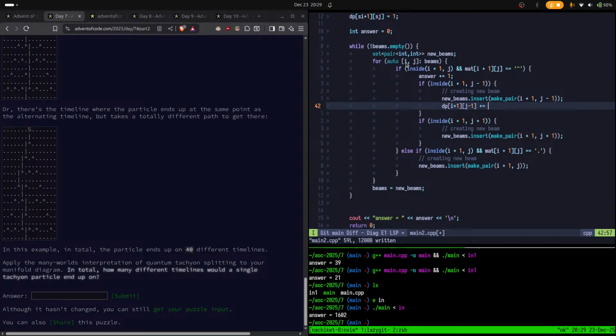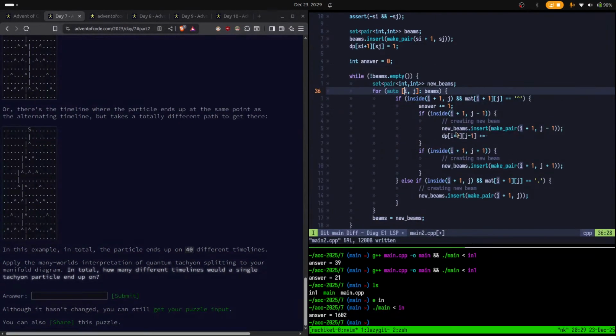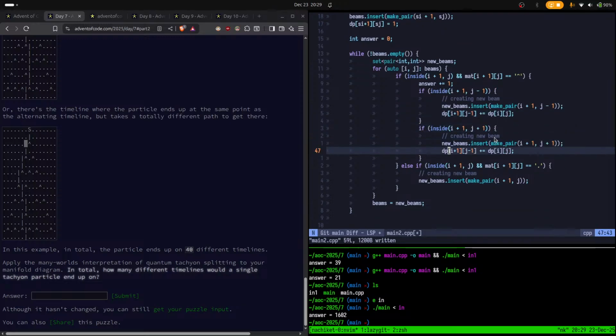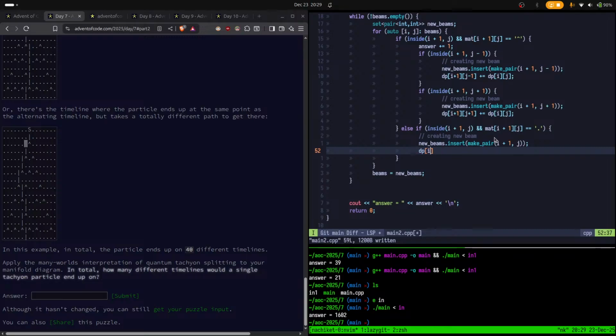So it was at i, j, where i, j is this coordinate, and i plus 1, j minus 1 is this coordinate. It should be incremented by that, and for this as well.